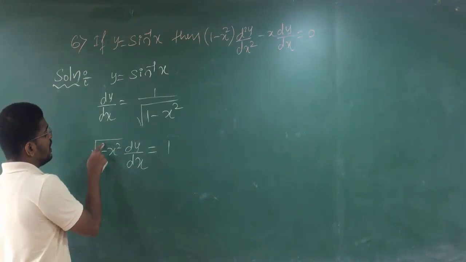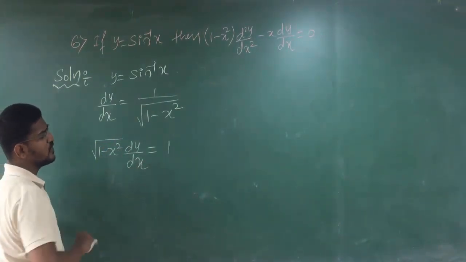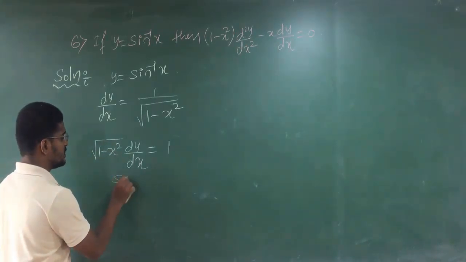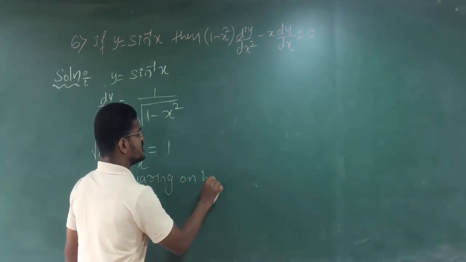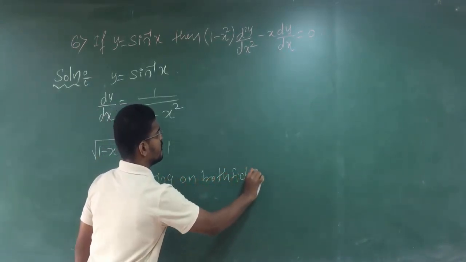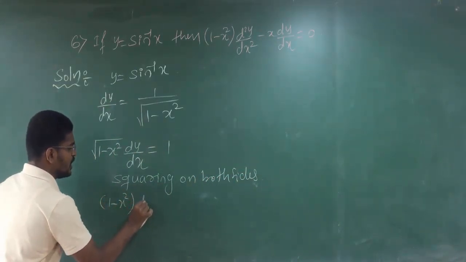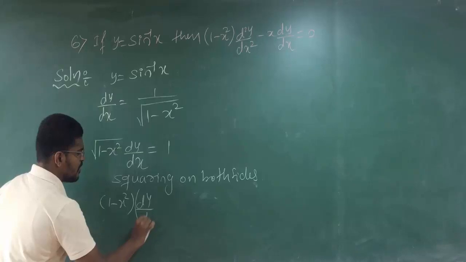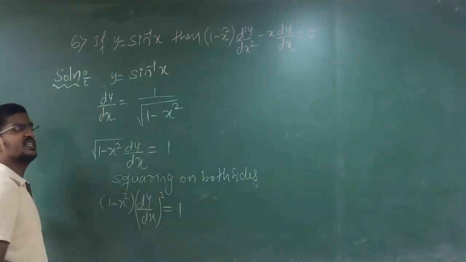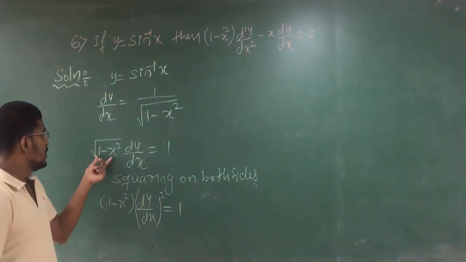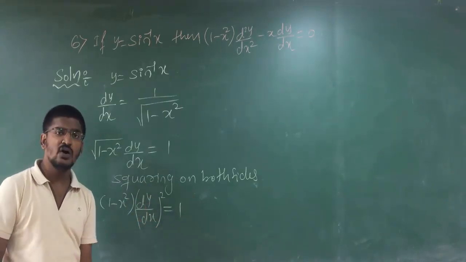For the solution of this root, what we have to do? We have to square on both sides. Clear? By squaring on both sides, you are going to get (1 minus x square) into (dy by dx) whole square equal to 1, because 1 square is 1.